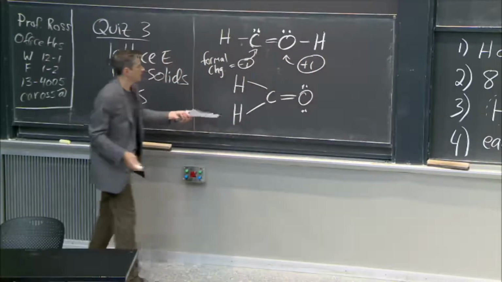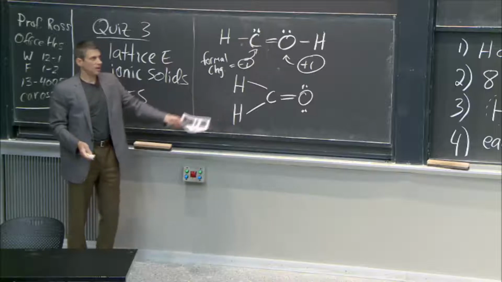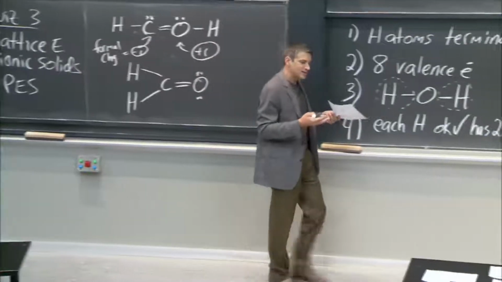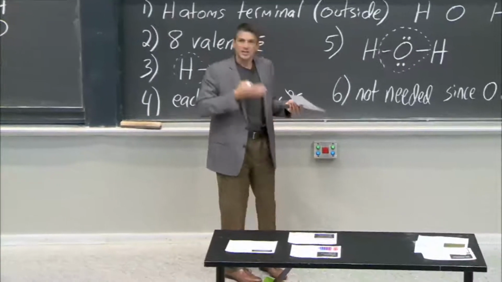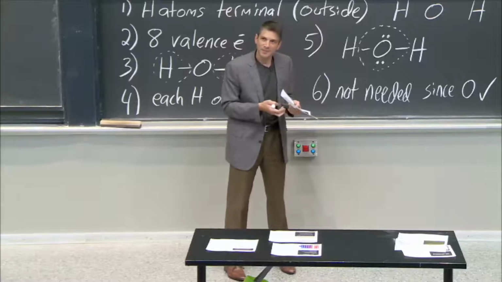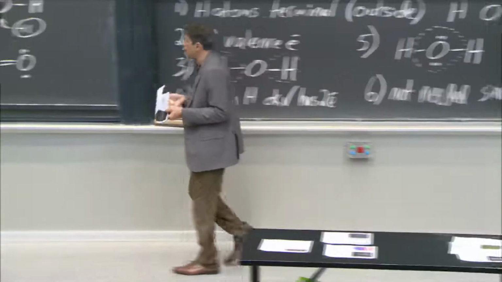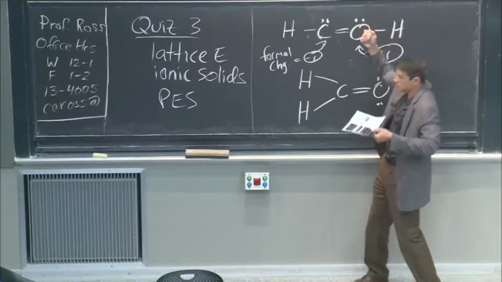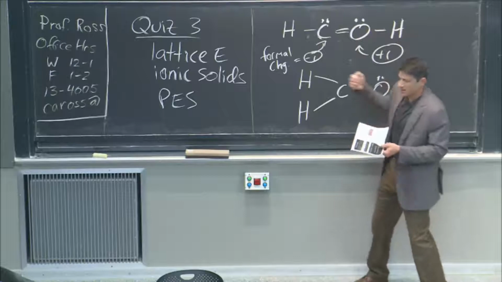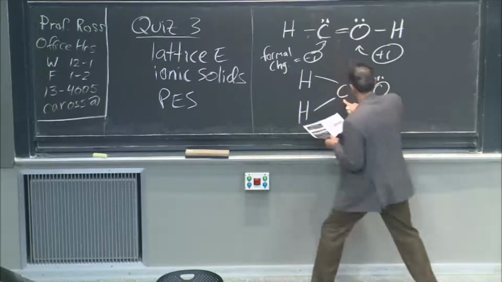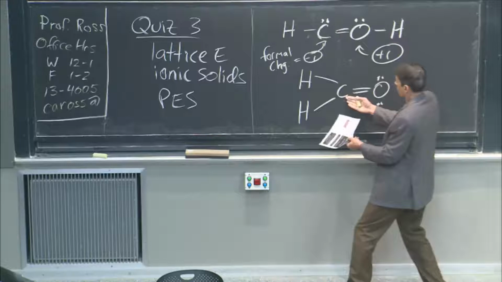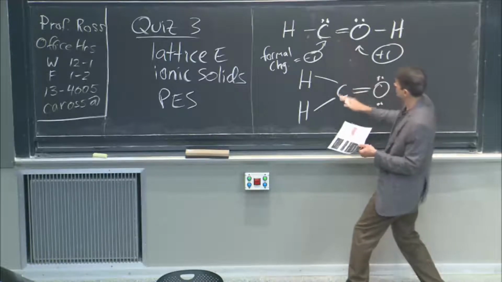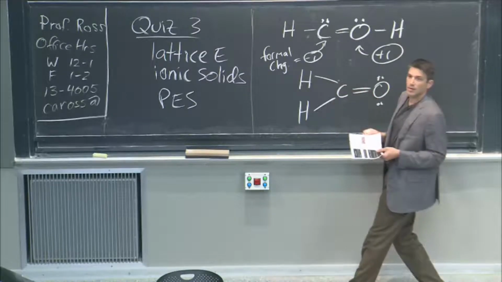But if I look at this structure and think about the formal charge on the carbon atom, again, I'm basically counting a change from the free atom. Carbon had 4, and what did this new bonding environment do to the valence chemistry? In this case, the formal charge on carbon is going to be 4, starting with the number of free valence electrons, minus no dots, but it's got 1, 2, 3, 4 bonds.